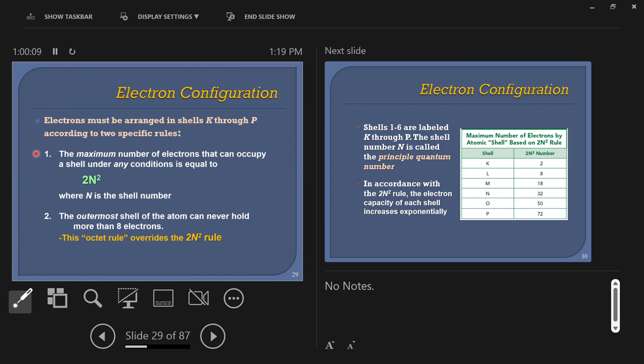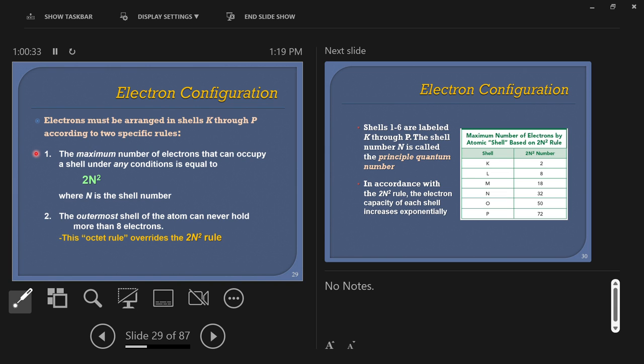8 electrons. So no matter which one of these, let's say the O shell happens to be the outer shell. It's not going to hold up to, what did we say it was? 50? It's not going to hold up to 50. It's going to hold up to 8 because it's the outermost shell. So we call this the octet rule. Octet for 8. The outermost shell, the word is valence.